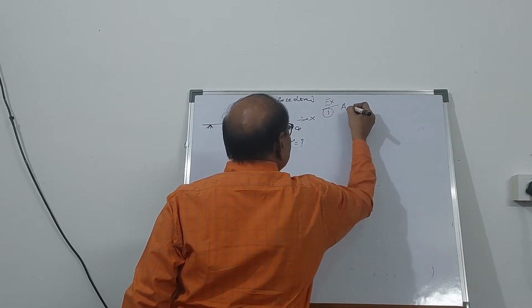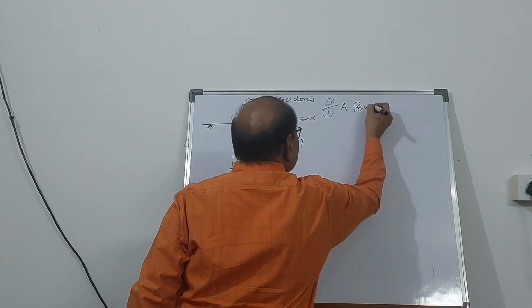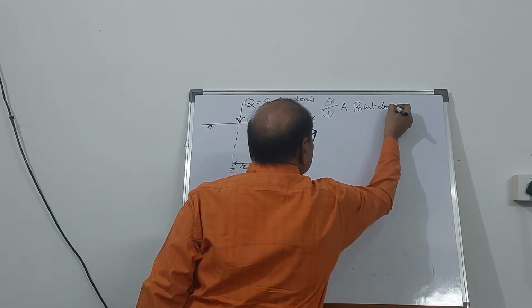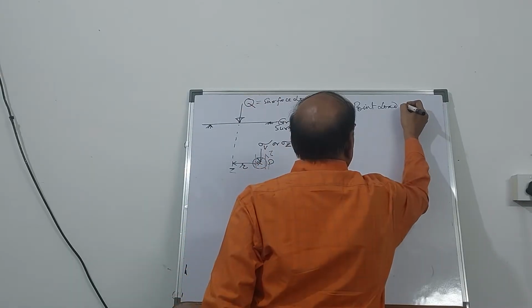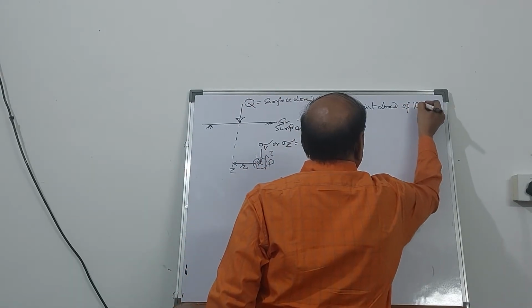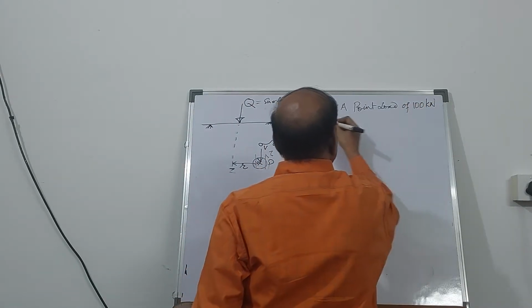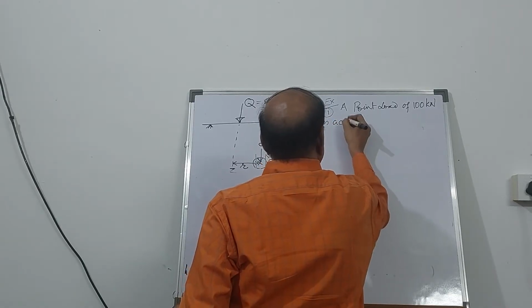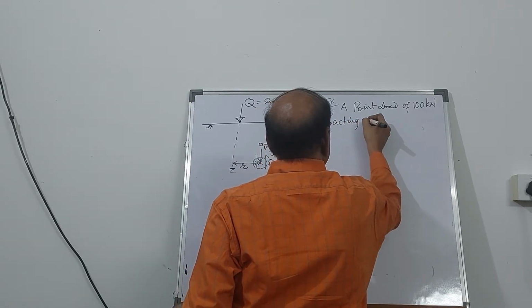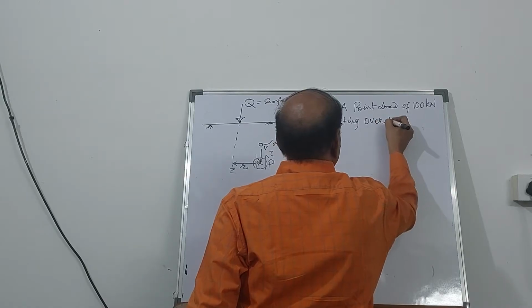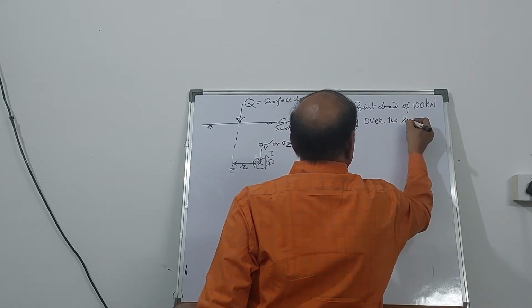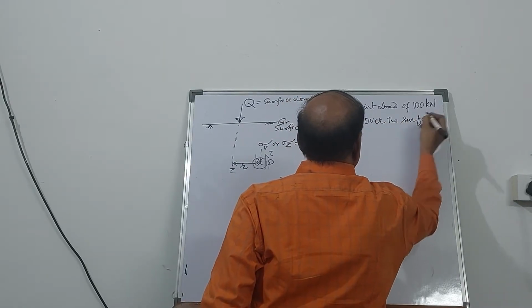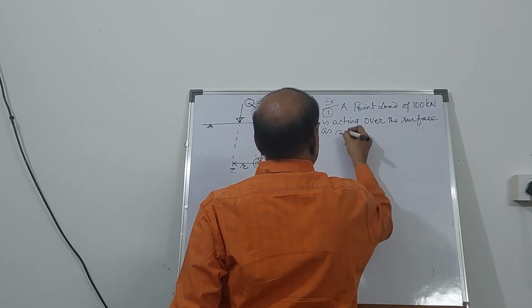A point load of 100 kilonewton is acting over the surface as shown in figure.